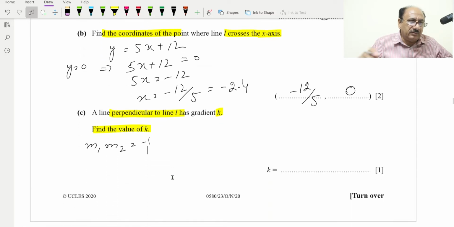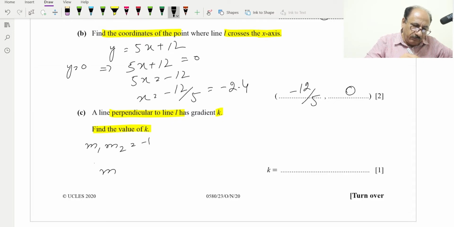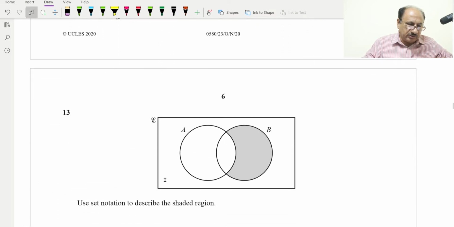So the other line will have the reciprocal: 5 into m perpendicular will be equal to minus 1, so it is minus 1 over 5, reciprocal and change sign. So the k value will be equal to minus 1 over 5. Hopefully you understood this as well.